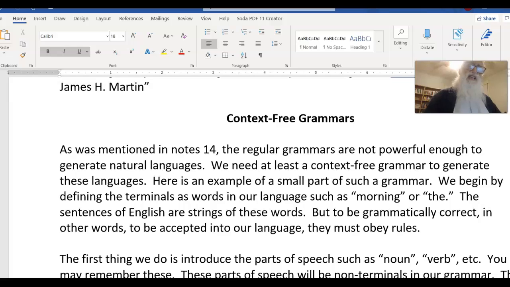So most of its words have to do with that. Now, the sentences of English are strings of these words. To be grammatically correct, in other words, to be accepted into our language, they must obey the grammar rules. And I'm only going to look at some of them. There are grammar rules I'm not even going to touch upon here.